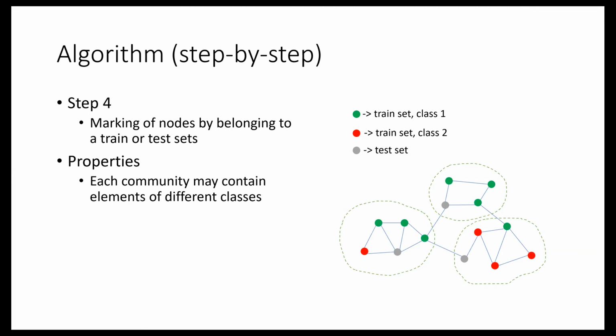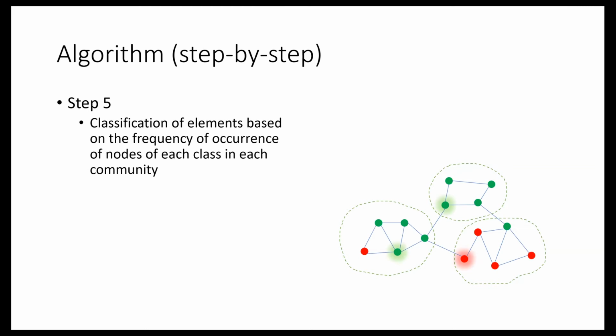And you see that each community may contain elements of different classes, but we are looking just at the most frequently occurring elements. For instance, in the left community, we have more green elements than red elements.